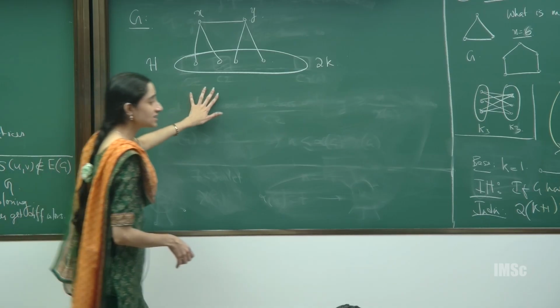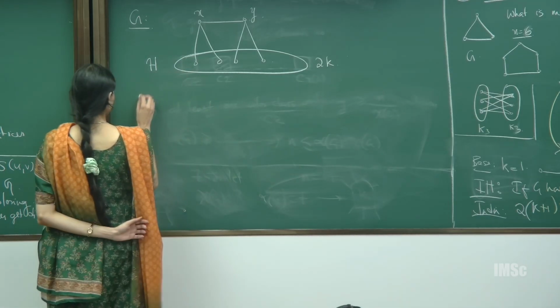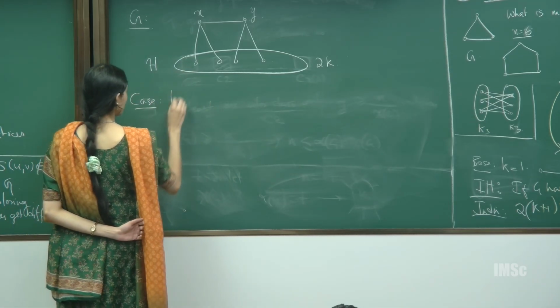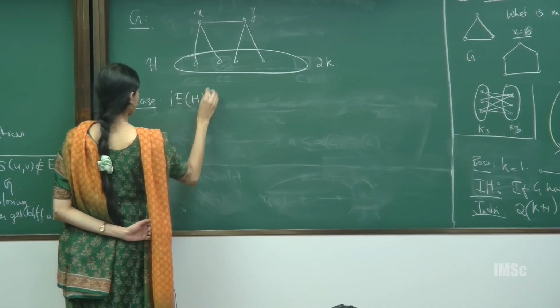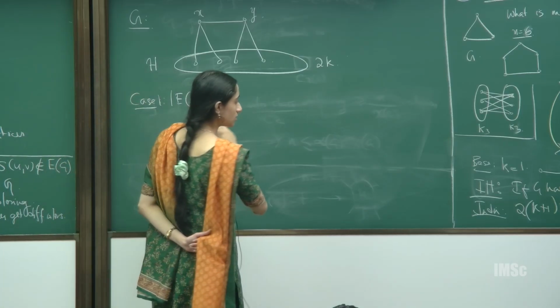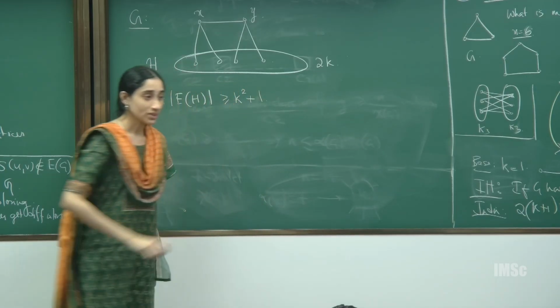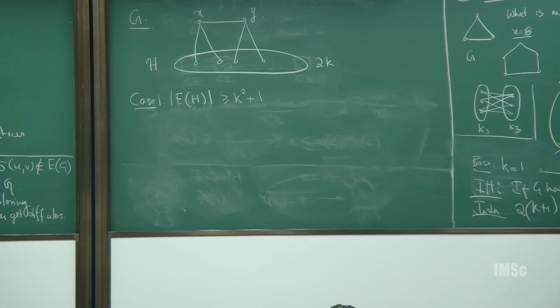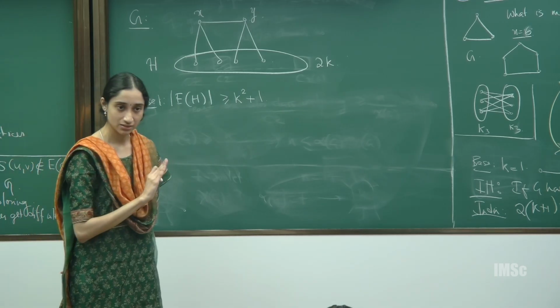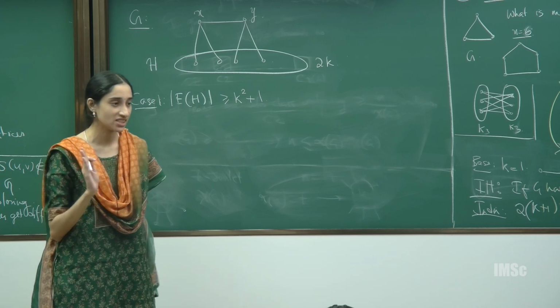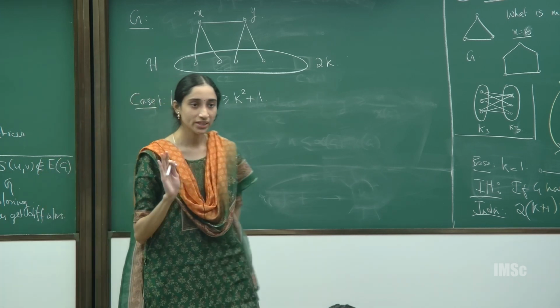So suppose H itself was very dense. Let us say that the number of edges in H was at least k square plus 1. Then what can you say? By induction there is a triangle in H, and that triangle will also be there in G. Is it okay?